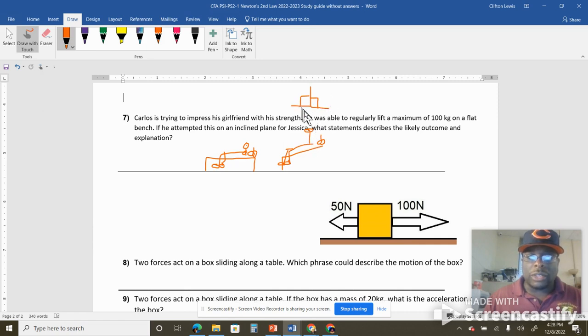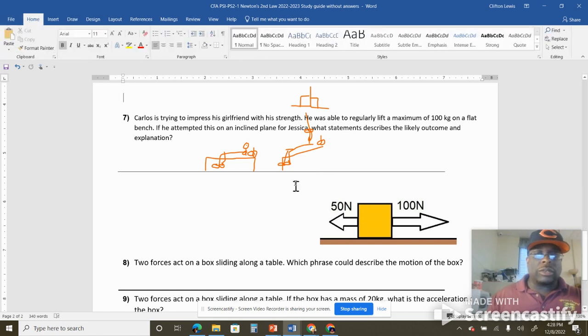So that force is coming down on that boy's shoulder. You're like, oh, I'm at an angle. It takes more work. So the greater the angle, let me go ahead and take this thing off. All right, so it's difficult lifting that much weight. 100 kilograms is like 200 pounds.